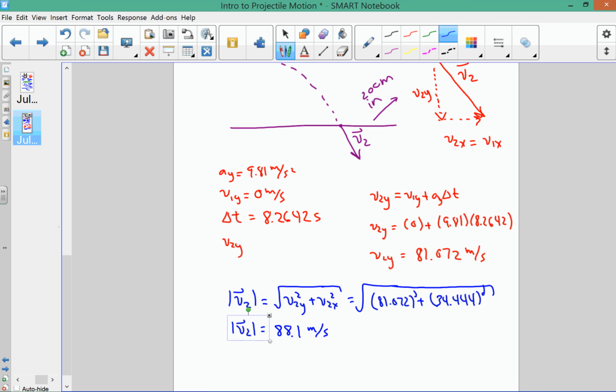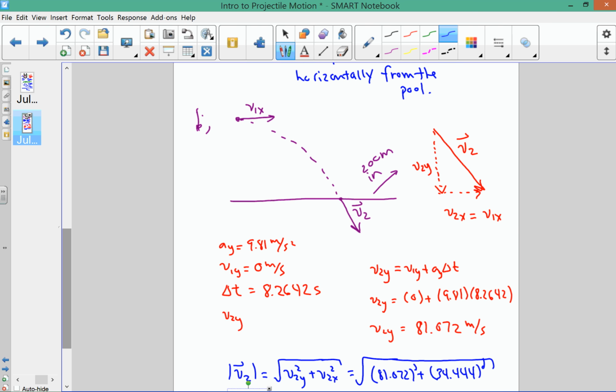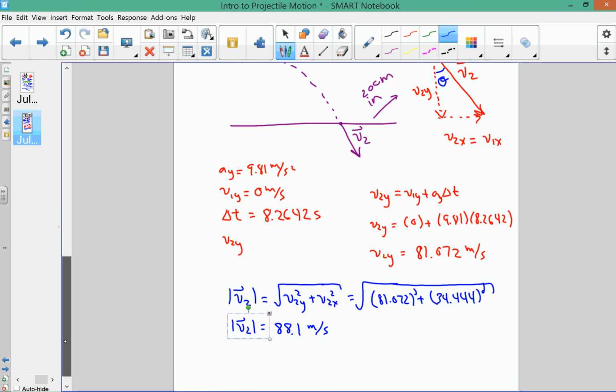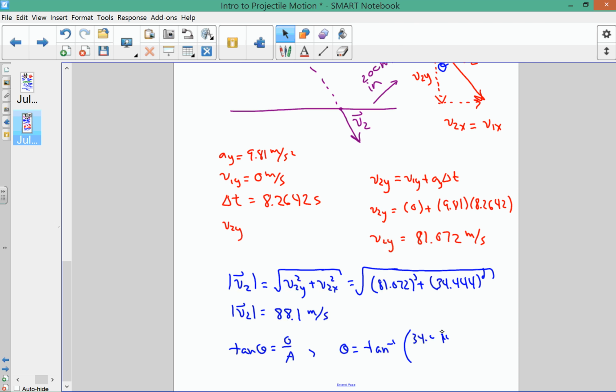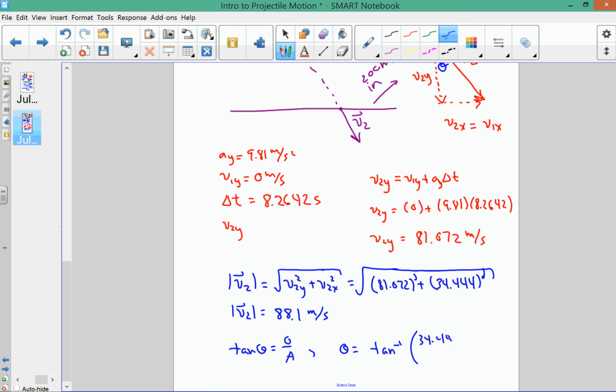That's the magnitude. That's not enough, of course, because the velocity is also a vector. So we also want this direction, this angle here. Just like before, tan theta is opposite over adjacent. So theta is tan inverse of 34.44444 over 81.072.